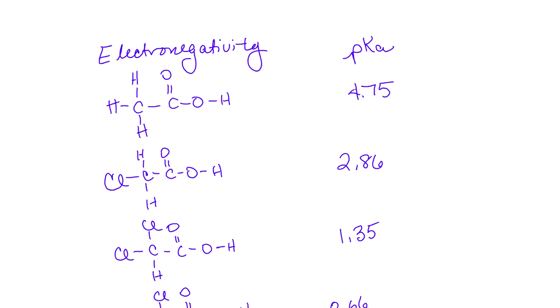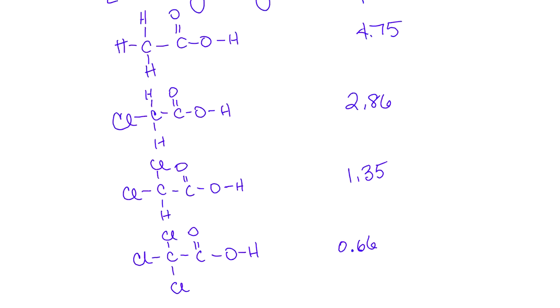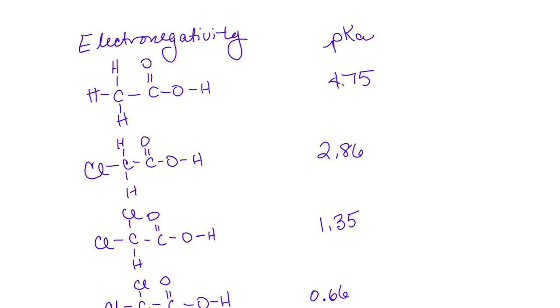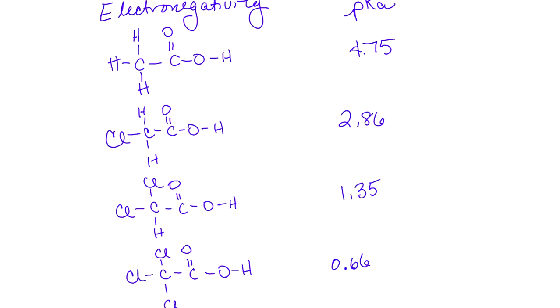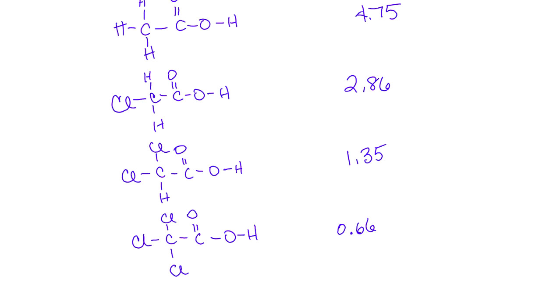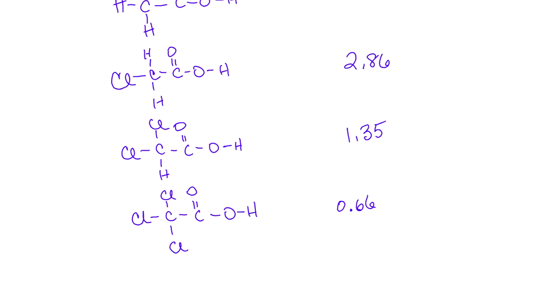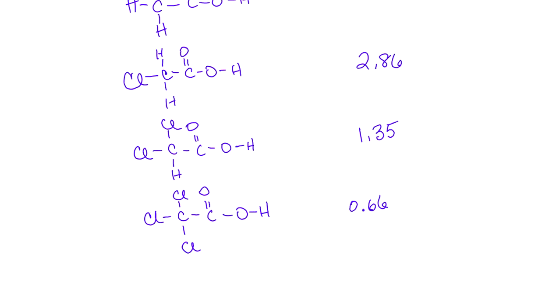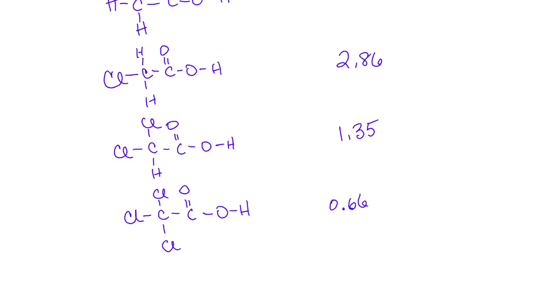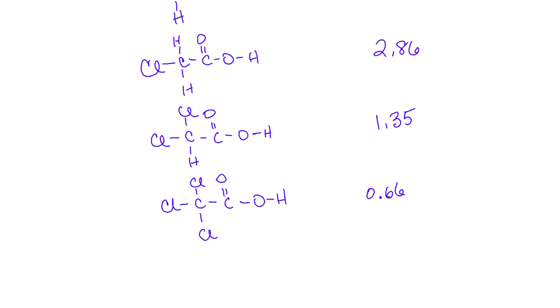So chloroacetic acid is about 10 to the 2, 100-fold, more acidic than acetic acid. Now, if we look at dichloroacetic acid, this has 2 electronegative atoms on that carbon compared to just 1. And again, it drops us approximately another 10-fold, from 2.86 to 1.35.